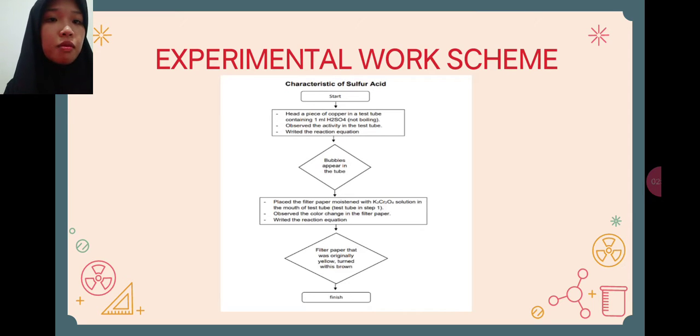The result is bubbles appear in the tube, and then place the filter paper moistened with potassium chromate solution in the mouth of the test tube in step 1, and then observed the color change in the filter paper. And then with the reaction equation, the result is filter paper that was originally yellow turned brown.